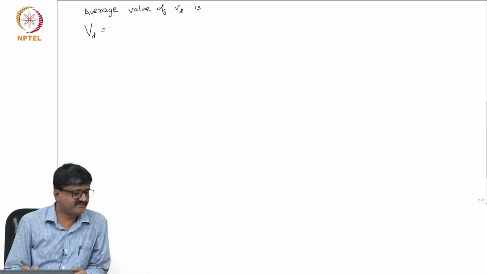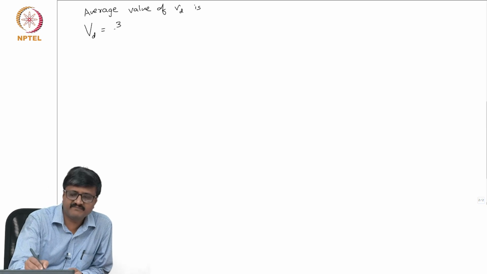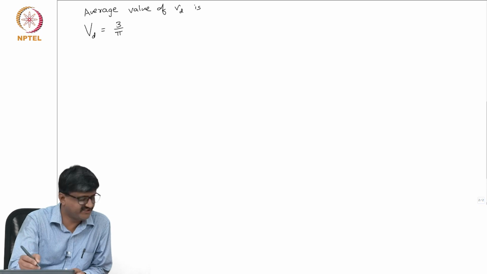So I have to just take the expression for VD in the second subinterval. It is 3 by pi, which is the reciprocal of pi by 3, since I am just taking 60 degrees.